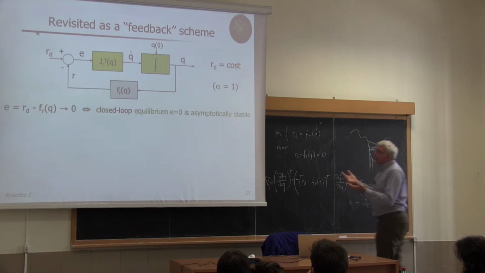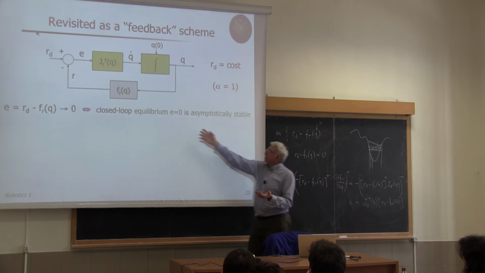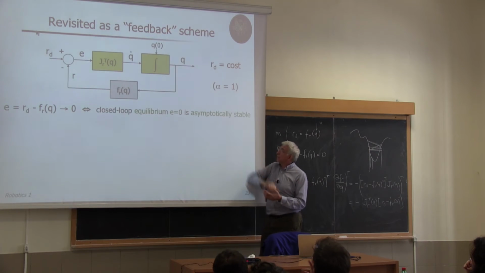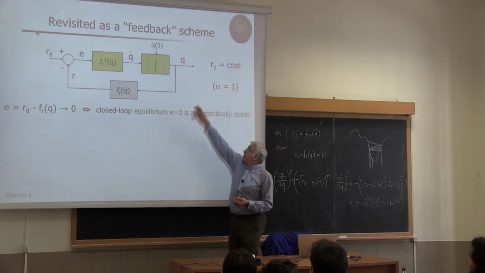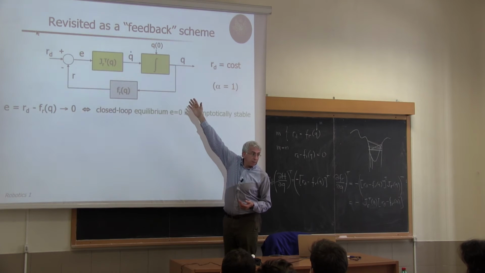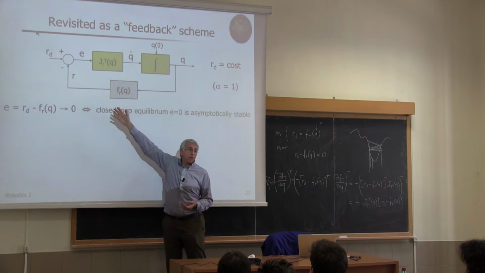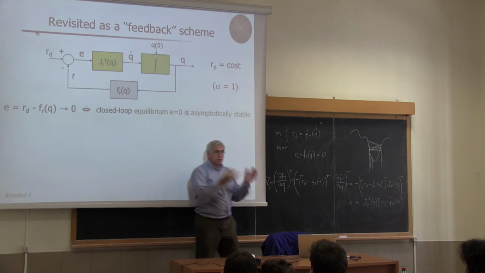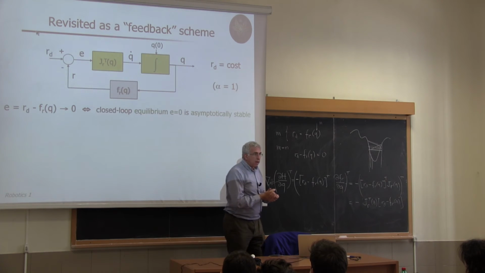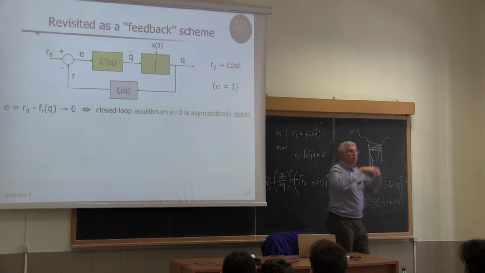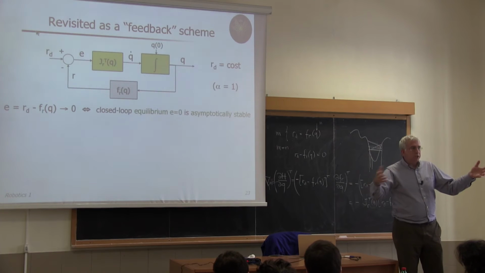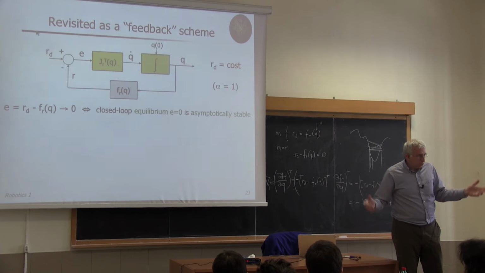Now, how do we study the fact that E equals 0 is a closed loop equilibrium, but that this is asymptotically stable, which means no matter where you start from, and no matter which is the value of RD, this will converge to a solution, so to E equals 0. If the system was linear, we would look at the transfer function, the poles of the closed loop.